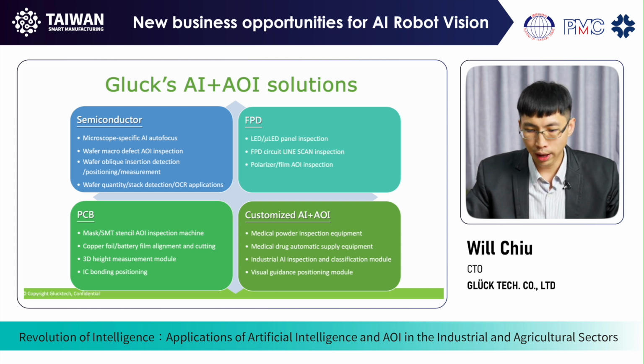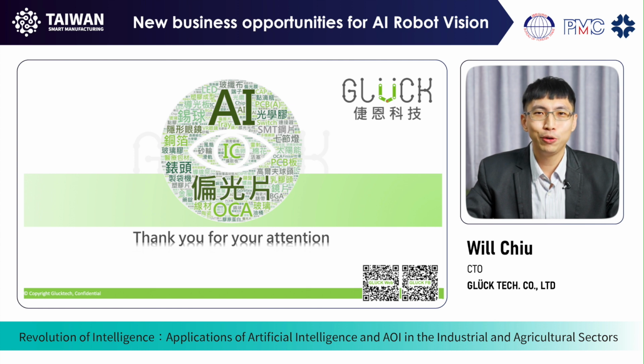Our company has accumulated many successful cases in various fields, including semiconductors, FPD, PCB, biotechnology, and agriculture. Thank you for your attention. We're looking forward to creating successful stories together in the future.